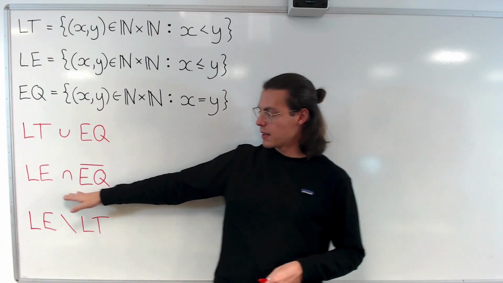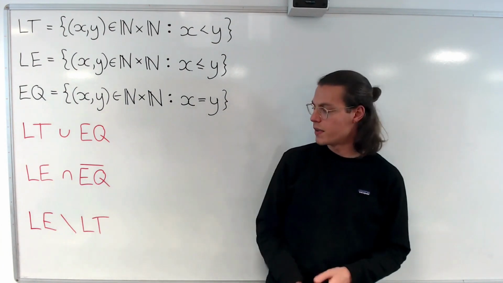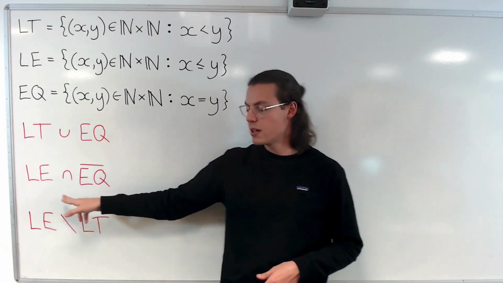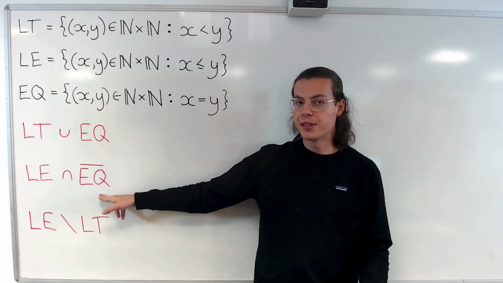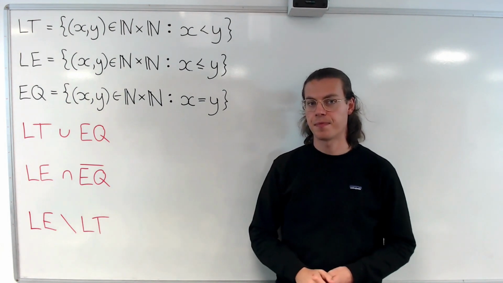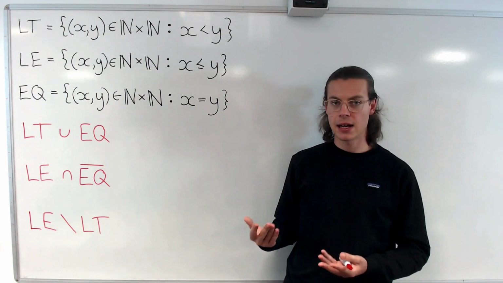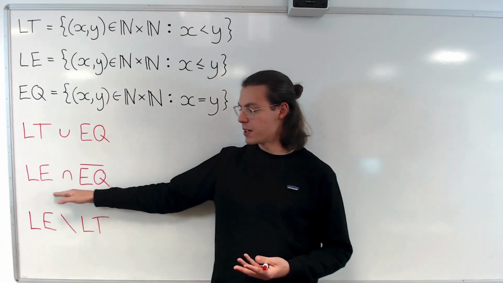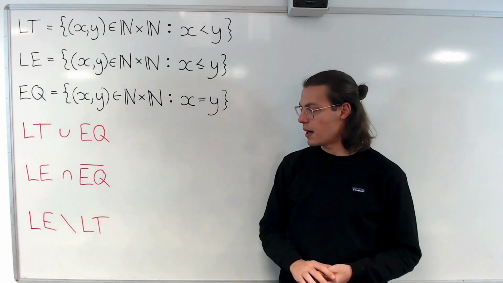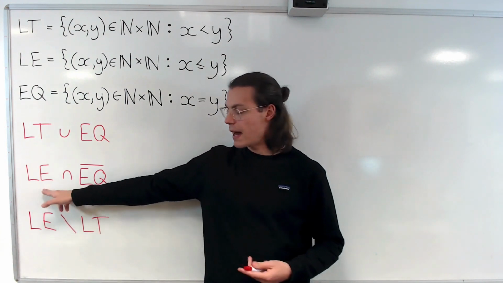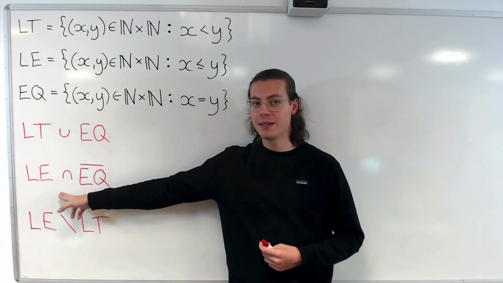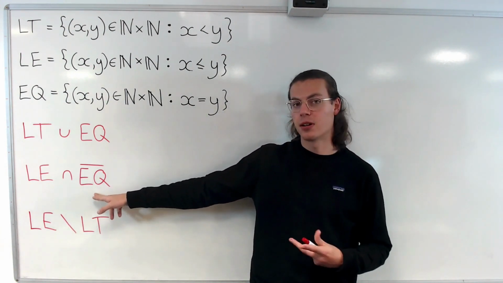Secondly, this is the intersection of the LE relation and the complement of the EQ relation. For a pair to be in this relation, it must be in both the LE relation and the complement of EQ.